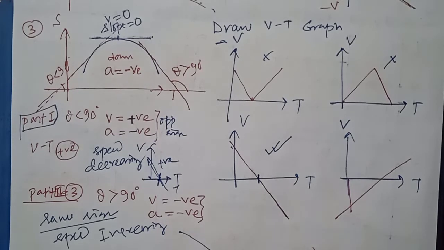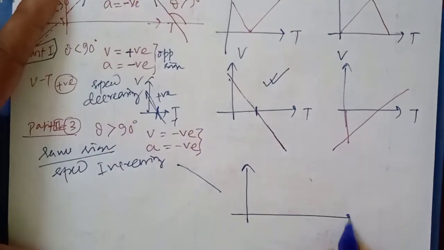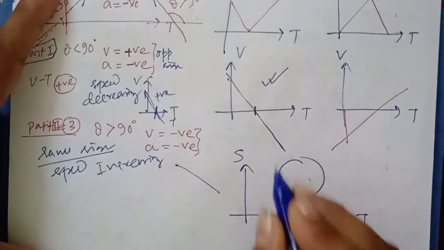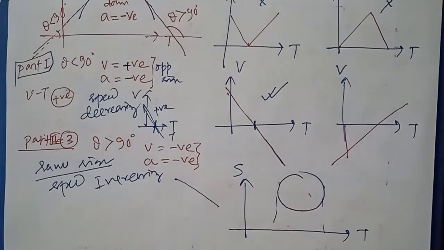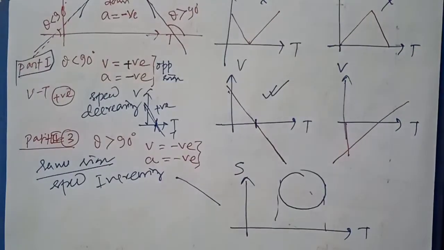Another very important thing: suppose in a graph with S and T, there is a circle. Now you tell me, suppose 4 graphs are given, and which graph is not possible?